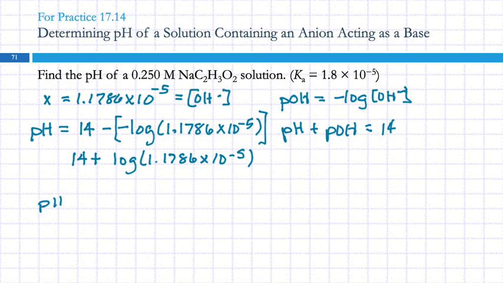So pH is going to be 9.0714. If you prefer to think of it this way, that's absolutely fine too. So then our pH should be 9.07. Any questions?